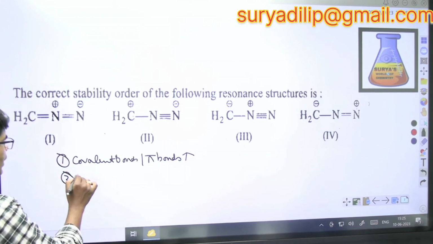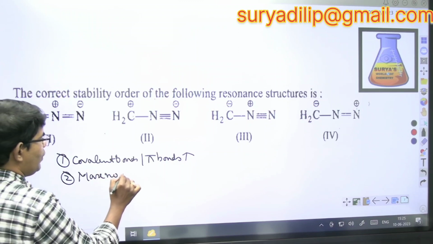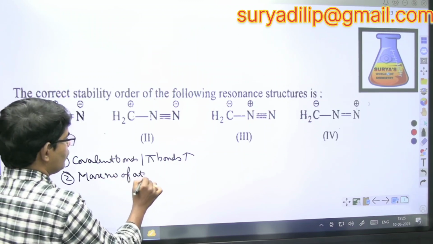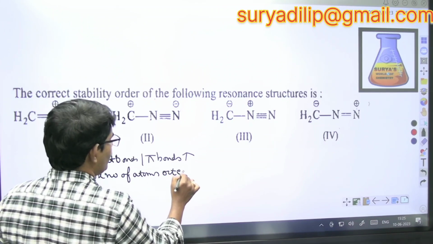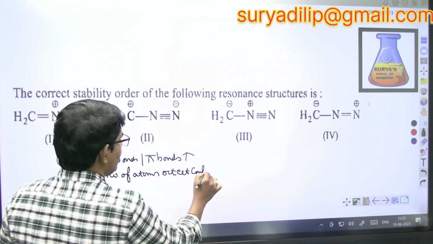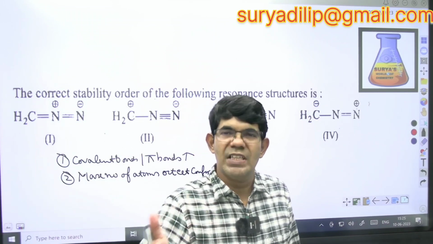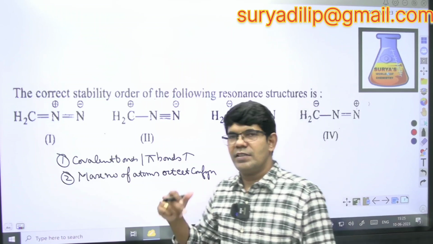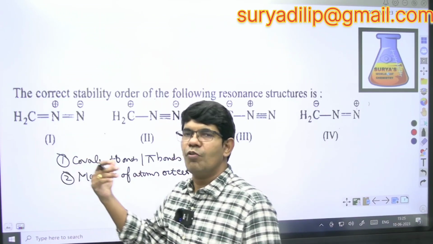The second one is the maximum number of atoms having octet configuration. Greater the number of atoms having octet configuration, greater will be the stability. This is the second rule which you need to apply. If the first one fails, then you need to go for the second one.